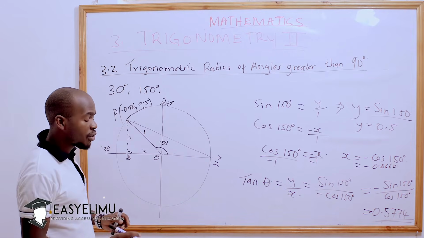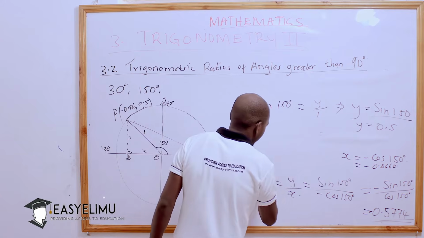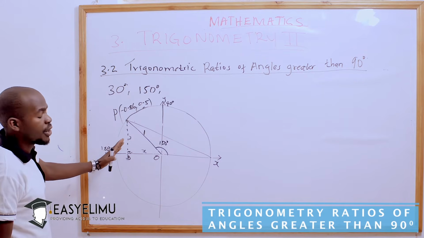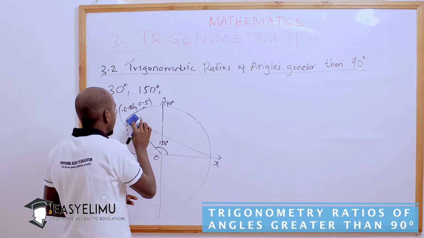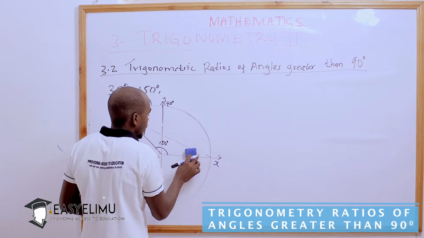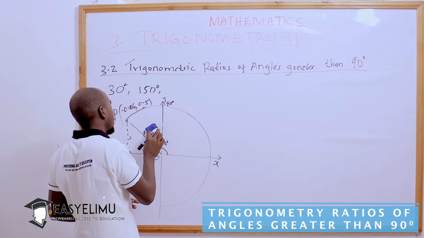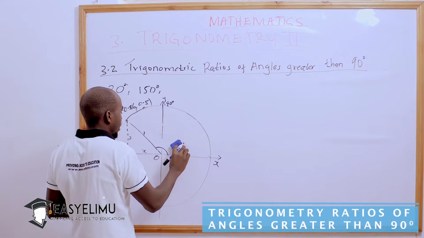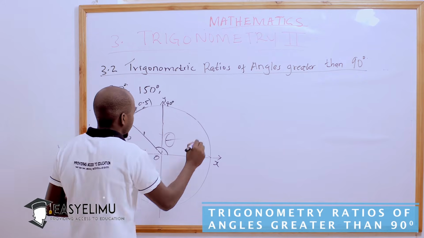And with that, we can conclude that if you are finding the angle here, let's say the angle we are looking for at this point is not that 150. Let it be angle theta.